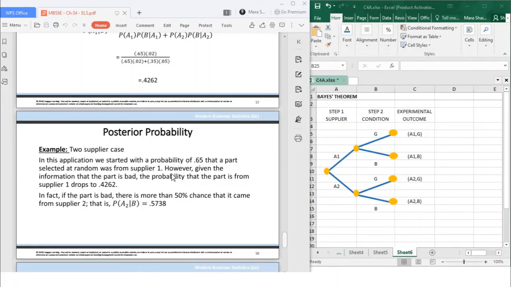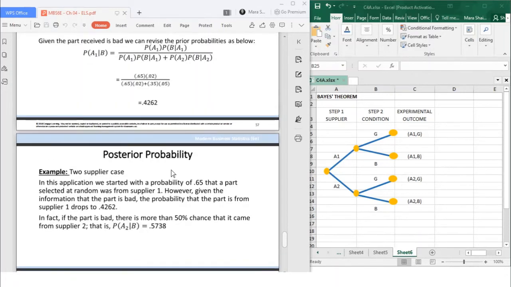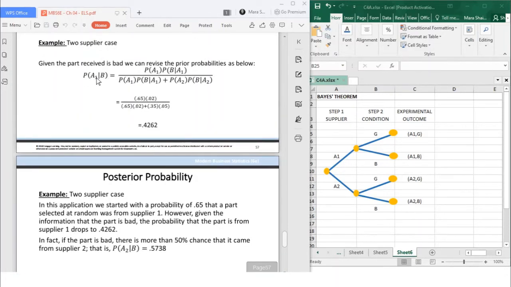Now, in fact, if the part is bad, there is more than 50% chance that it came from supplier 2. So, if ang kaning formula is ilisan na nato A2, makuha niyang amount is 57.38. Meaning, out of all the bad parts, ang gikan sa supplier 1 is probably 42.62%.